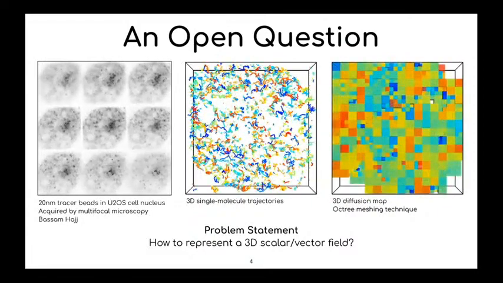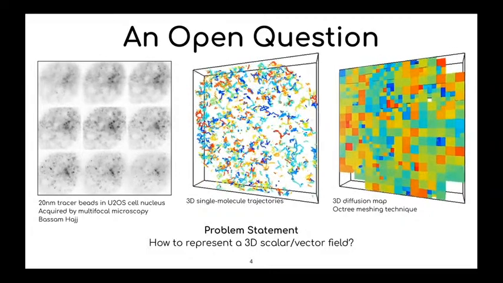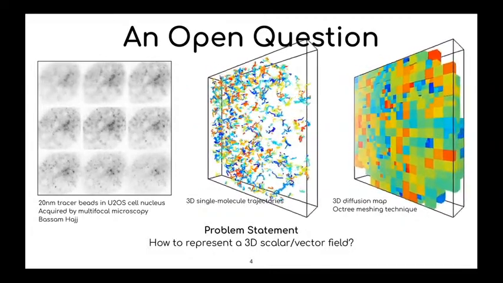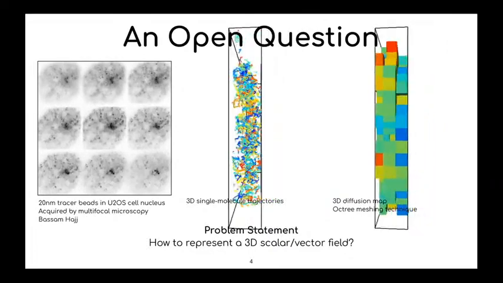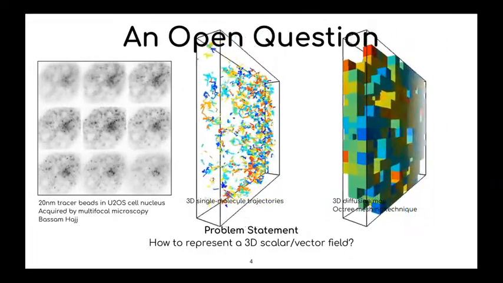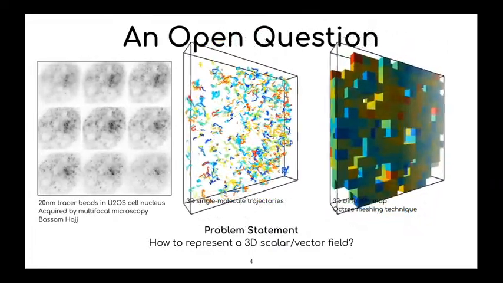And what we see on the rightmost panel is an octree, or this Minecraft type representation of the diffusion coefficient, the spatially dependent diffusion coefficient inside the eukaryote cell nucleus.